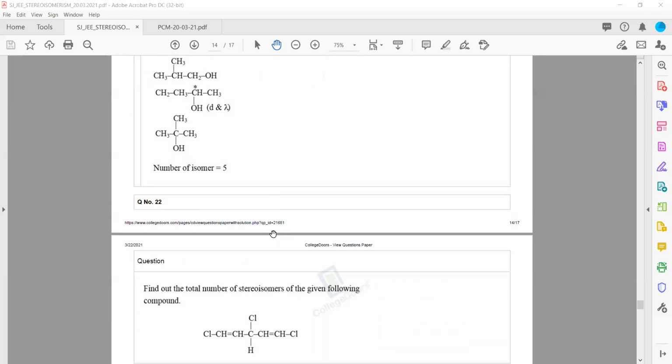Next, find the total number of stereoisomers of the given compound. Again, it's a case similar to a molecule having 3 stereo centers and there is a symmetry. If I consider this to be a stereo center, there can be 2 possible arrangements, right?